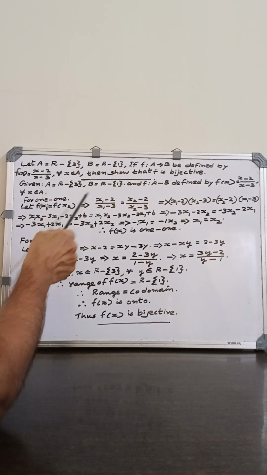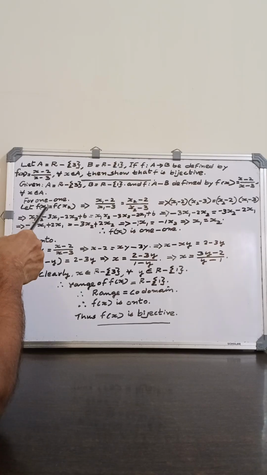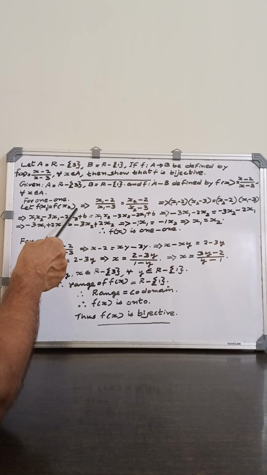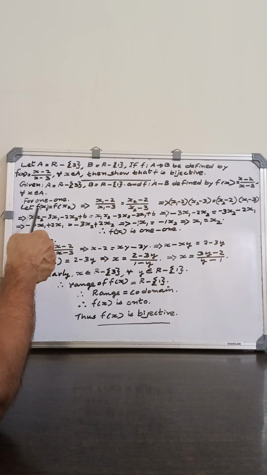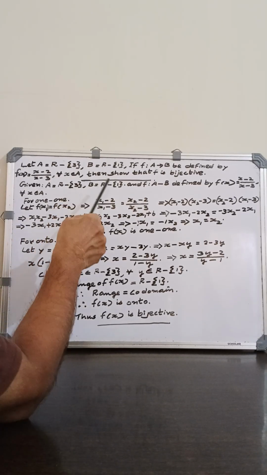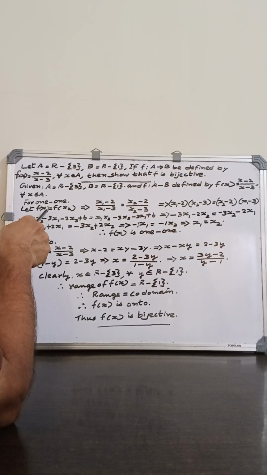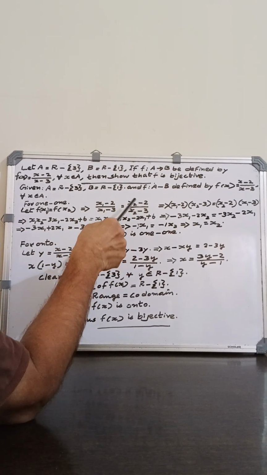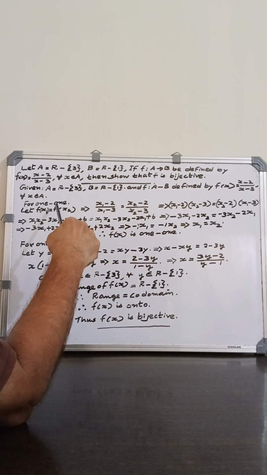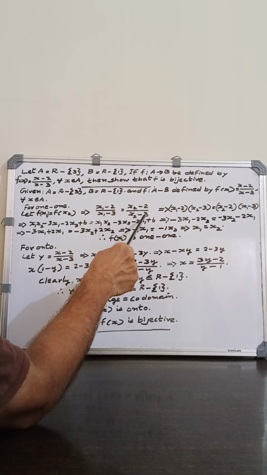For one-one, we can check the function to be one-one. Let f(x1) equals f(x2) for x1 and x2 being any real numbers. Therefore, (x1 − 2)/(x1 − 3), that is f(x1), equals (x2 − 2)/(x2 − 3), that is f(x2).